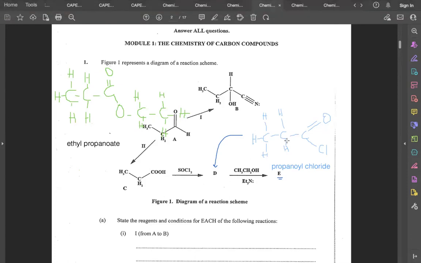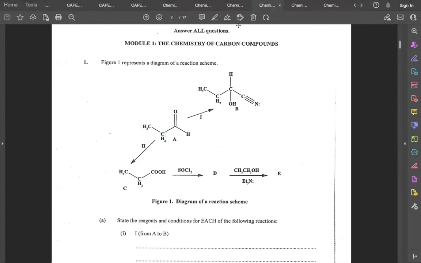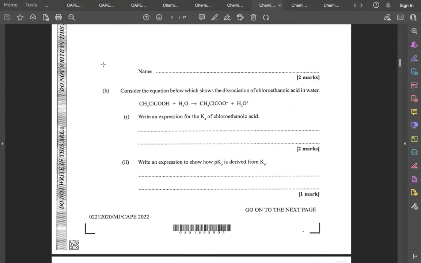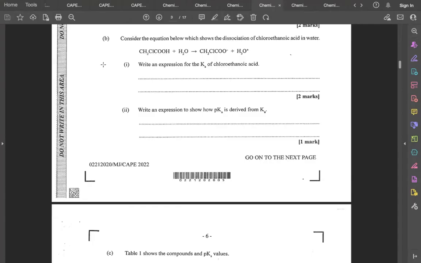So now let us clear all of this and move on to the next part, which is asking us to consider the equation below, which shows the dissociation of chloroethanoic acid in water, right? So here we have our chloroethanoic acid. That's just an ethanoic acid that has been substituted with one chlorine for one of the hydrogens.